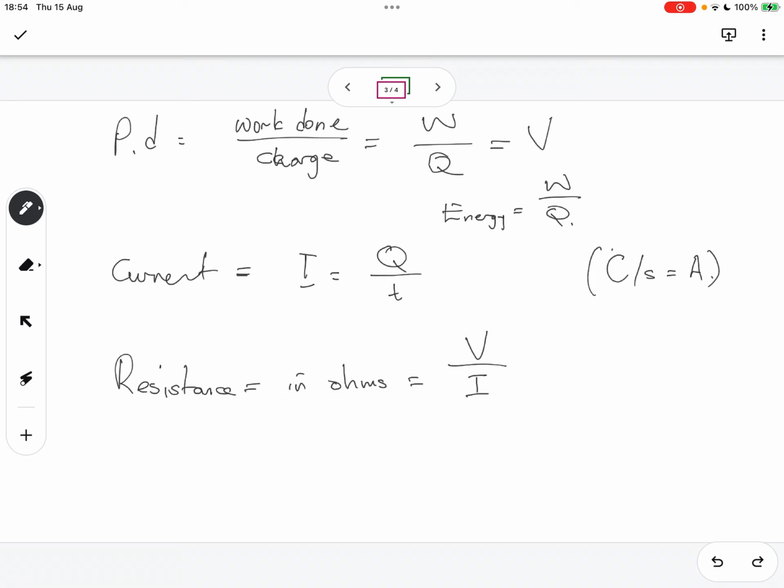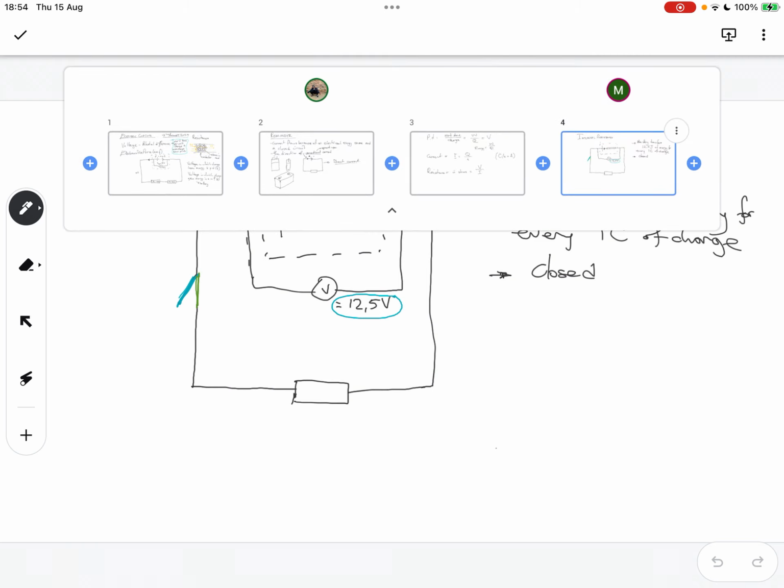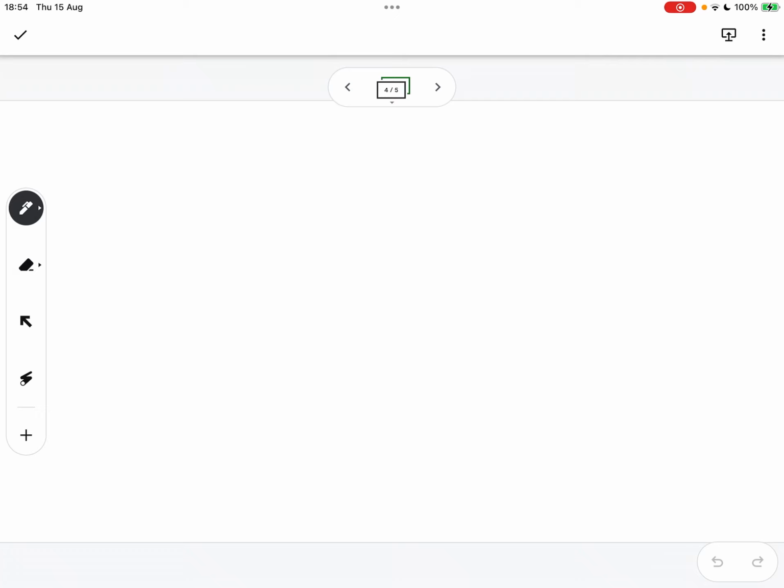So it is a measure of how much a conductor opposes flow of charge passing through it. Right, and there are several factors that affect it. Let's just make that slide there. So there are several factors influencing the resistance of a conductor, of a wire conductor.